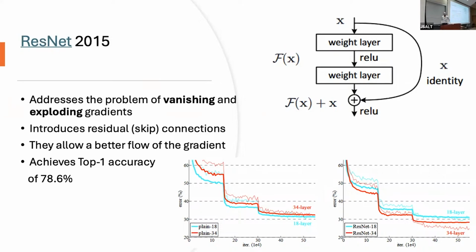So then in 2015, ResNet, or residual networks, come into play. You can see in the diagram, the whole idea, which probably many of you already know, is just to skip some layers, and the gradient can actually flow through the skip connection and not be zeroed out or not explode.